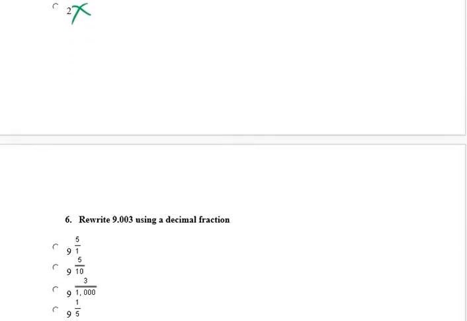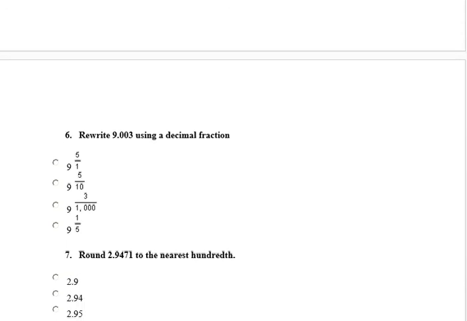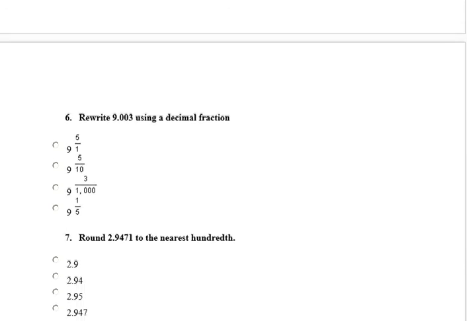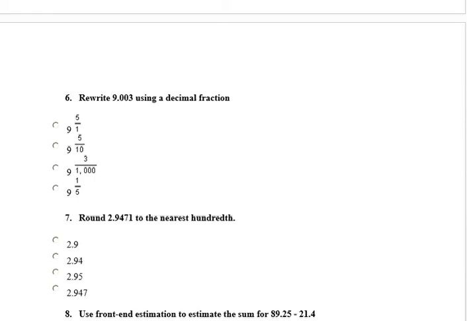We have to use a decimal fraction. Okay, a decimal fraction. That's a weird term. So what we have here, that's a whole number, 9. So let's just put 9 out here. And then we have 0, 0, 3. And so we need a number with one more than that. So yeah, so 9 over 3 thousandths.